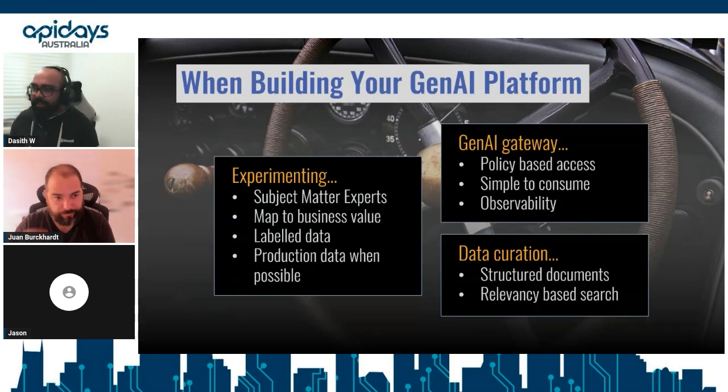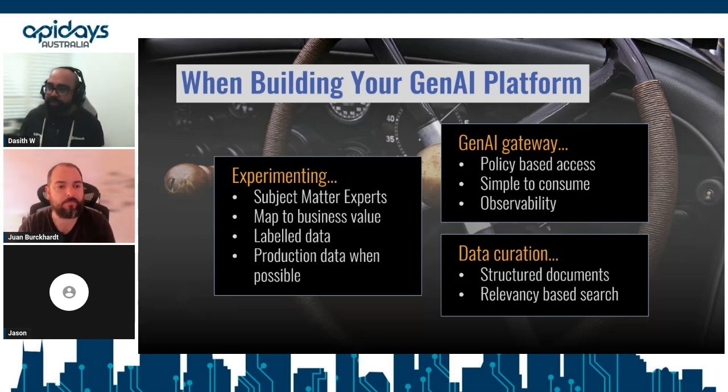And when building LLM solutions, these three topics will generally come up if you're doing it in enterprise, especially. I'll start with experimenting. You need subject matter experts, like I said, to make sure that you're getting the results back and you're mapping it to business value because you don't want to build some gimmicky LLM solution. And here's where the label data and production data, if you've got that available already, will come in real handy because it will allow you to do tangible experiments.